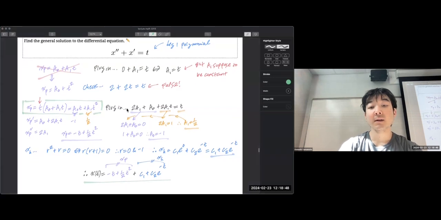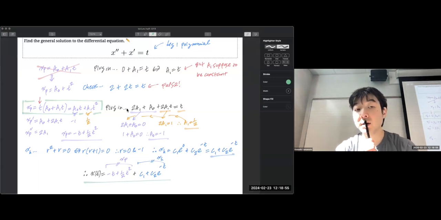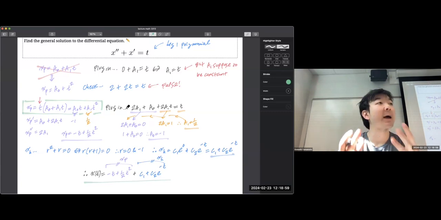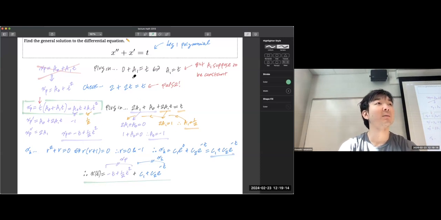There's another comment I want to make. You might wonder, can I preemptively tell ahead of time if my original solution form needs to be modified? In this case, we had to multiply by t. You could always plug it in, notice there's a problem, and realize that the solution form you have initially isn't going to work.